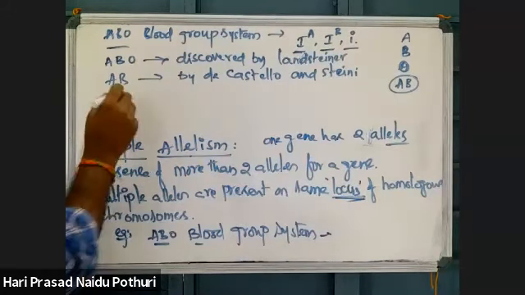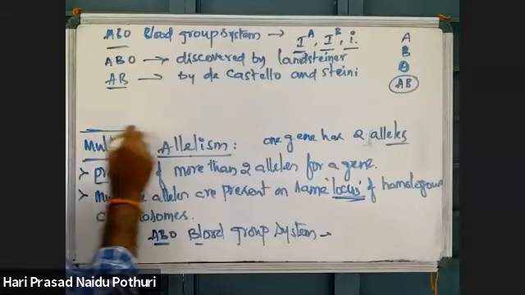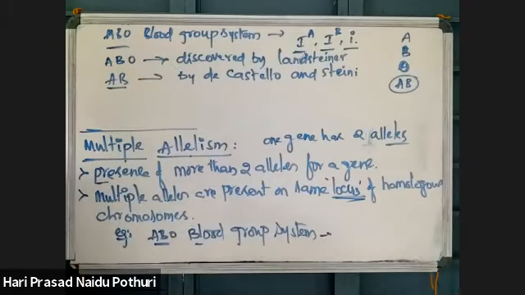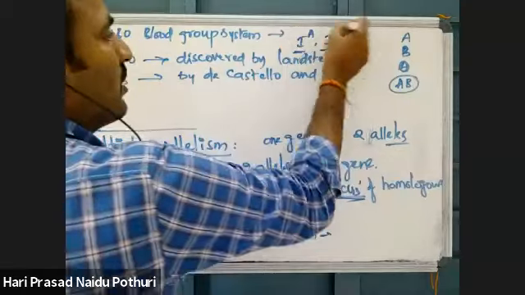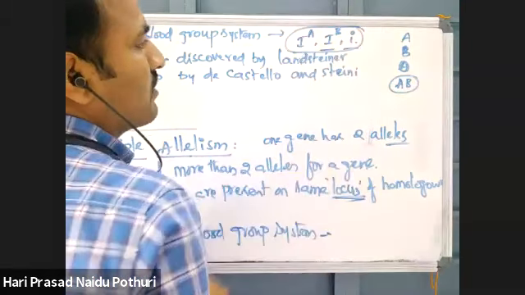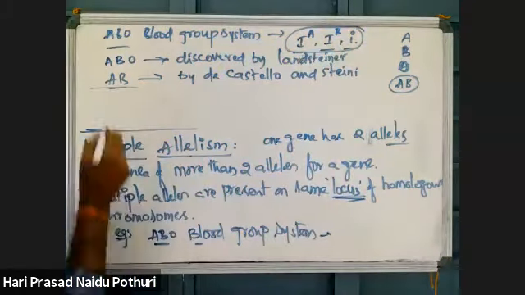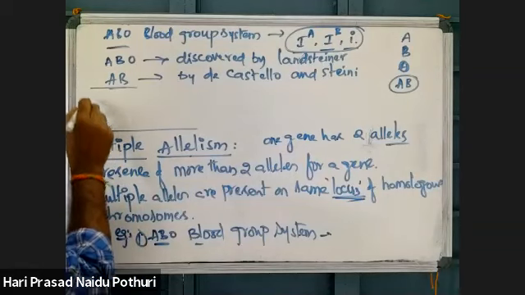Due to the presence of multiple alleles, the ABO blood group is formed, with codominance and dominance possible. Three alleles are present. This is example 1.